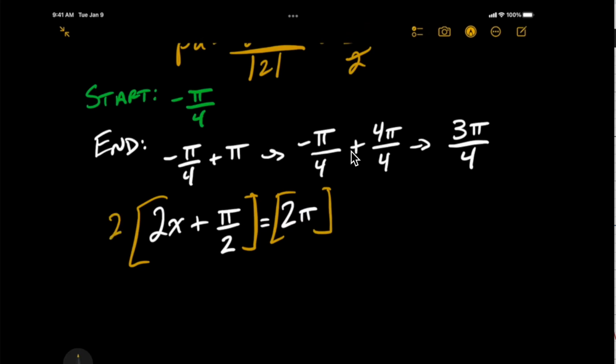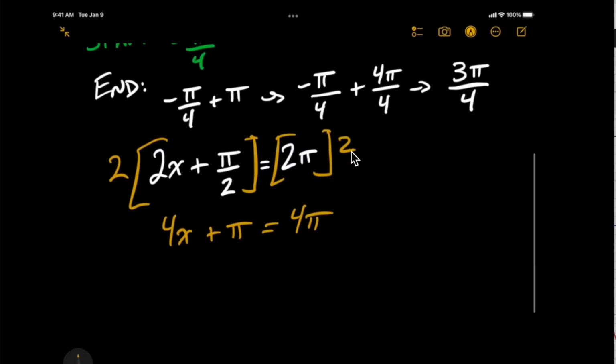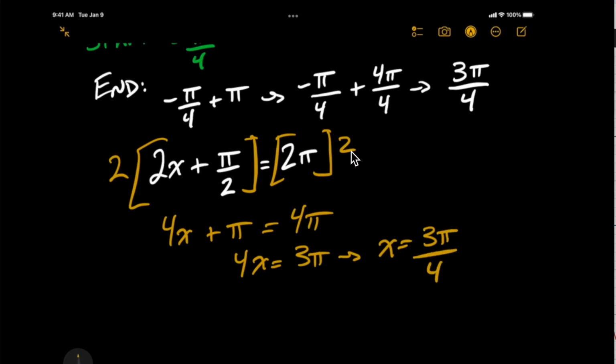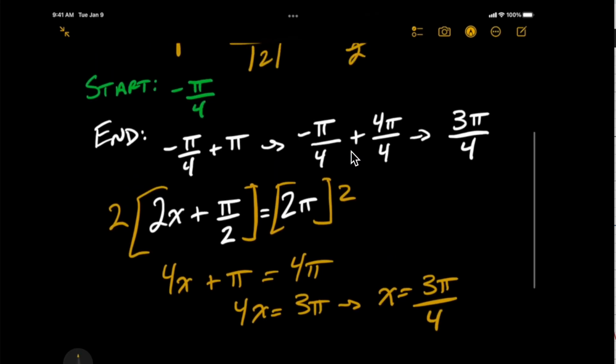So I would multiply everything by 2 to get rid of that fraction. I would now have 4x plus pi equals 4 pi. That will simplify to 4x equals 3 pi, and x equals 3 pi over 4. So you see you do get the same answer regardless of the way you're determining the endpoint.